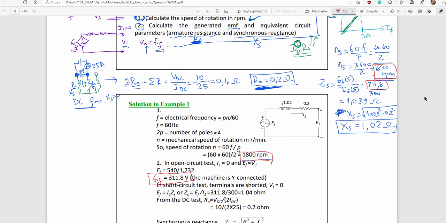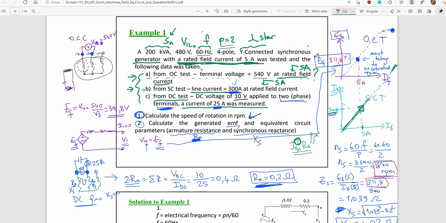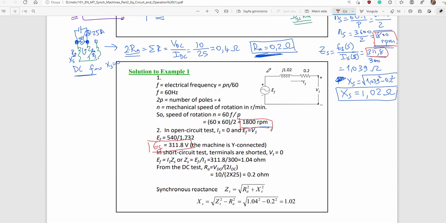Here it is. We have drawn it here. That's okay. And then here's the impedance. It is here.